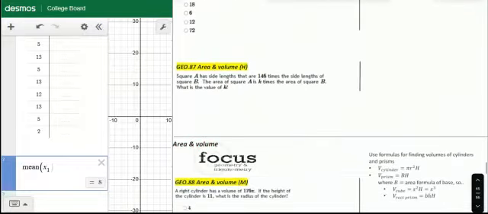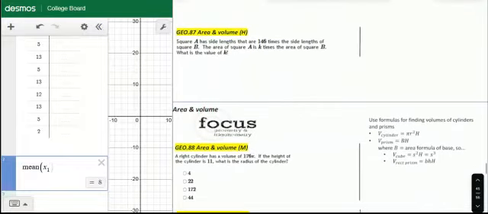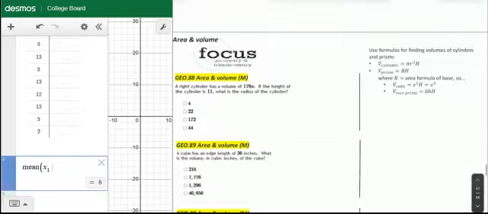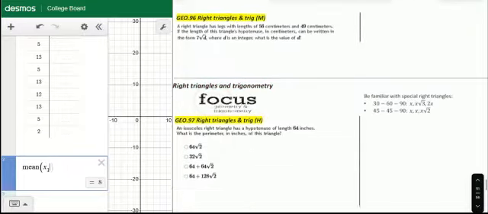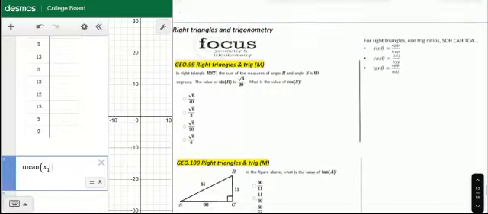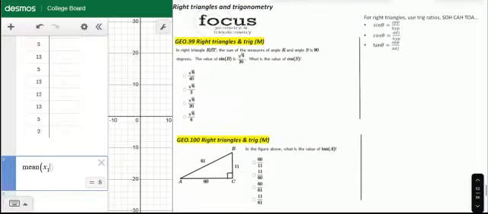What I do want to talk through, though, is how the SAT tends to approach right triangles. So I want you to try 99 really quickly. See how you would solve that question.